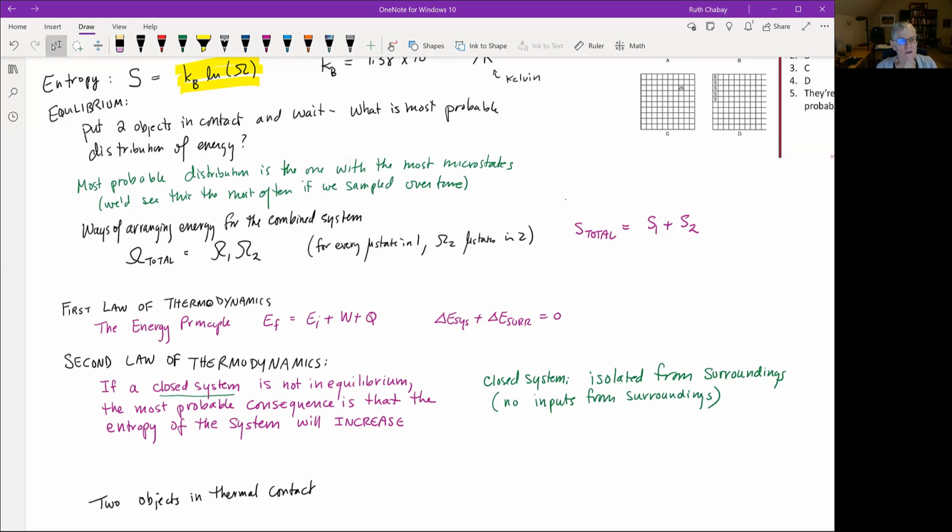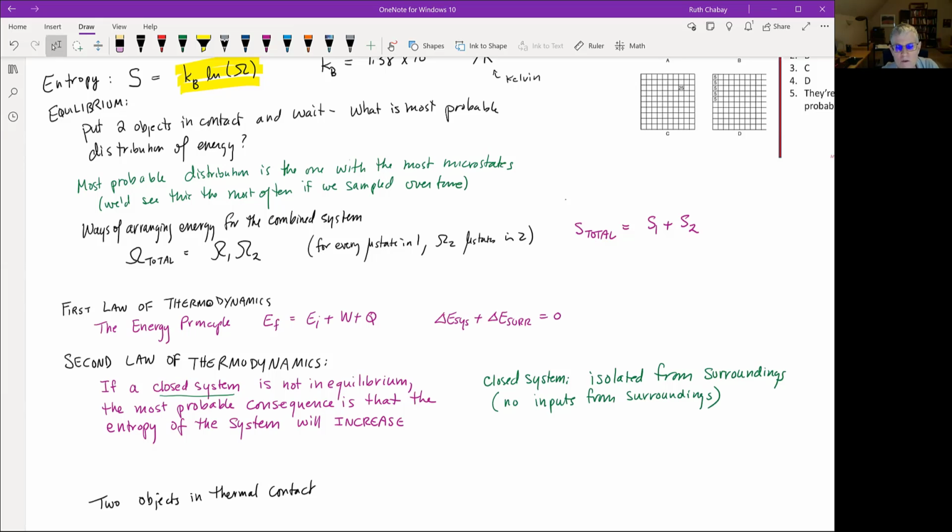We also saw that for a combined system with two objects in contact, the total number of ways of arranging the energy was the product of the number of microstates for object 1 and the number of microstates for object 2, because for every microstate in object 1, you could have all the different microstates in object 2.